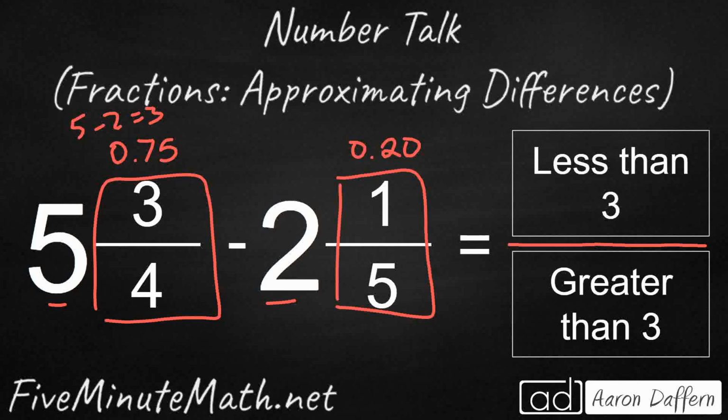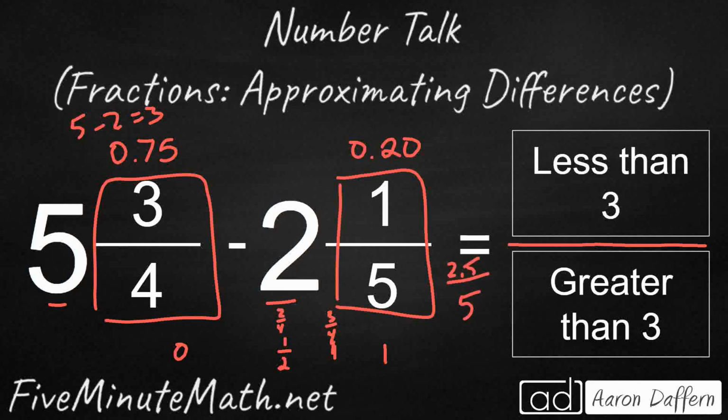Or another way to think about this is how do these fractions stack up in regards to 1/2? Because if we're thinking of 1/2 as kind of like that midpoint, we can kind of see where these land. 3/4, well, we know that 2/4 is equal to 1/2, so 3/4 is going to land somewhere right here. And then if we look at 1/5, well, what's half of 5?